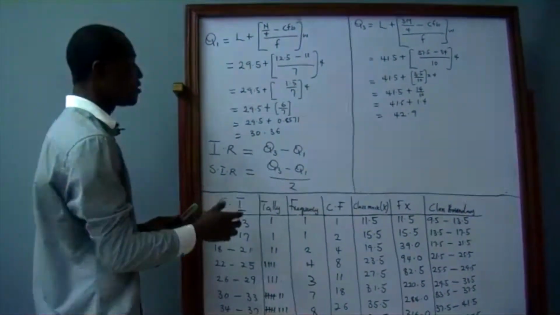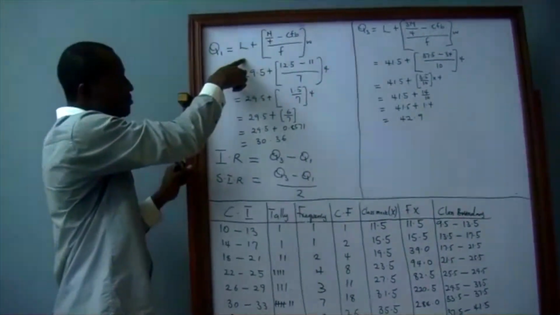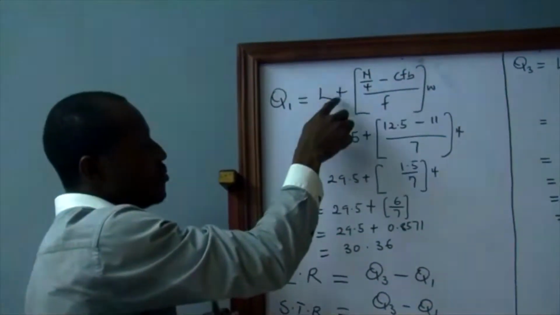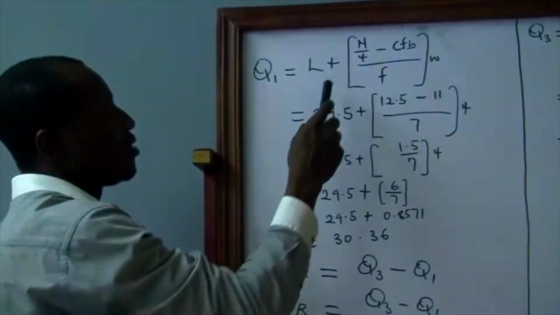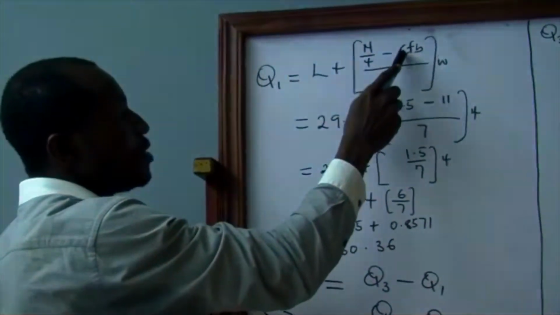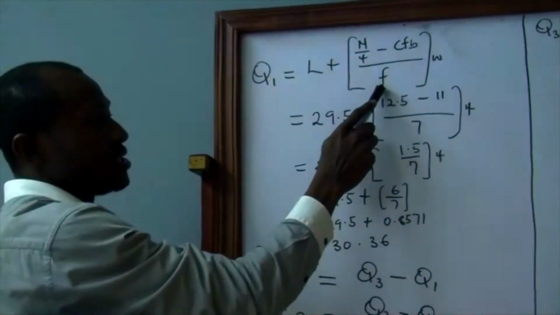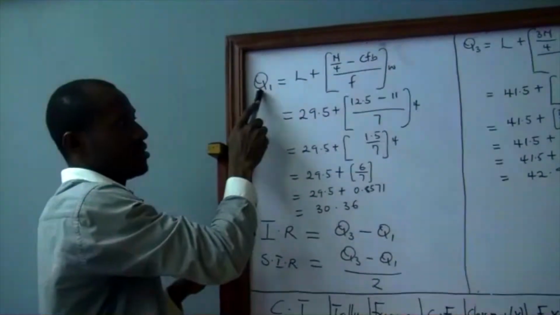So if I want to calculate the Q1 here, I use this formula. Q1 equals L plus, open the bracket, n over 4 minus the cumulative frequency before, divided by the frequency of that class, the Q1 class.